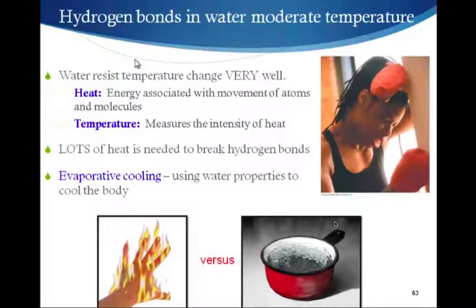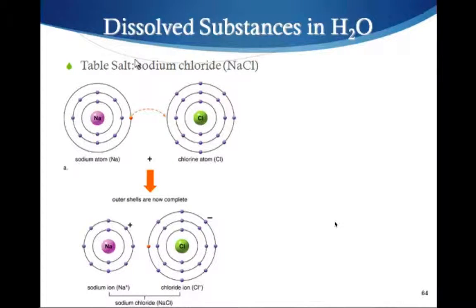Yeah, we call that evaporative cooling. It's called sweating. Your body sweats, it's releasing water because you're starting to heat up. You're starting to gain heat, and the way to get rid of some of that heat is to put it into the water, that being the sweat, and then evaporating it off your body. That cools your body, it gets rid of excess heat. So that's kind of interesting. Now, what about its effect on dissolving substances?